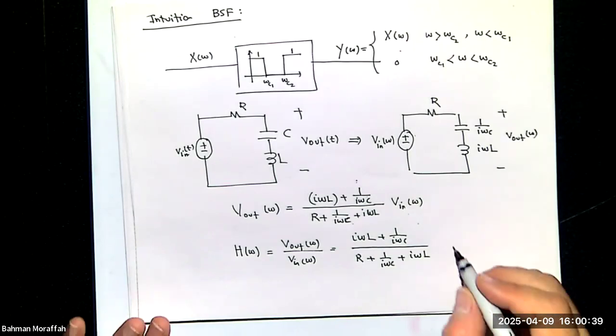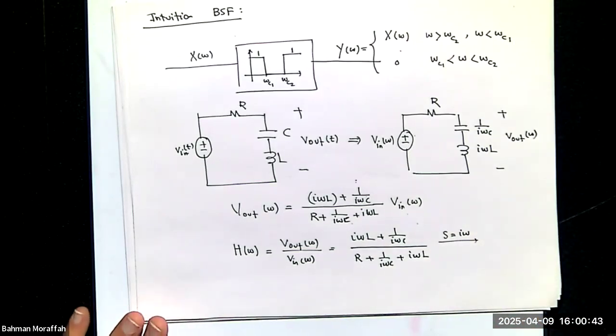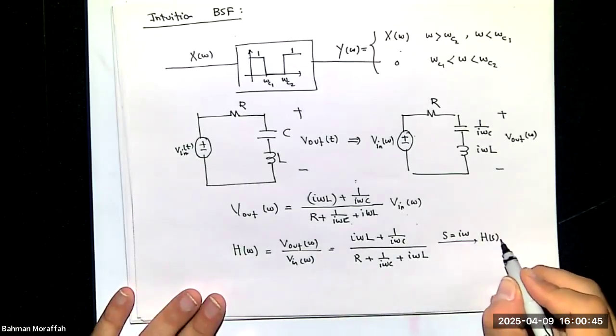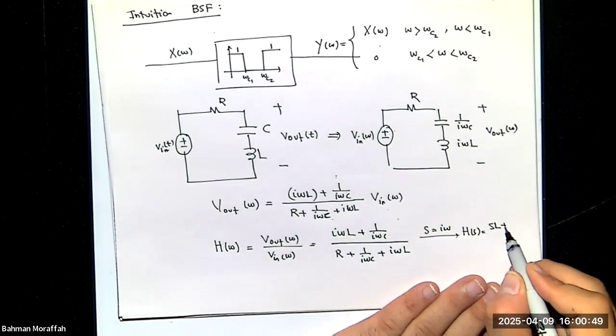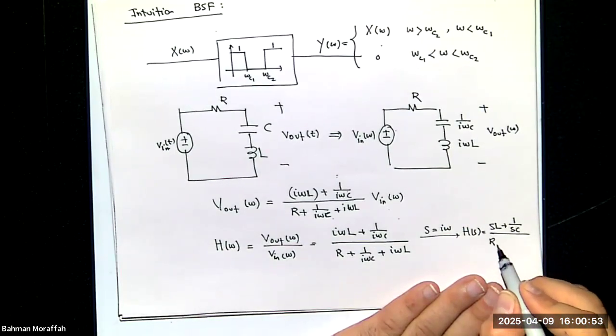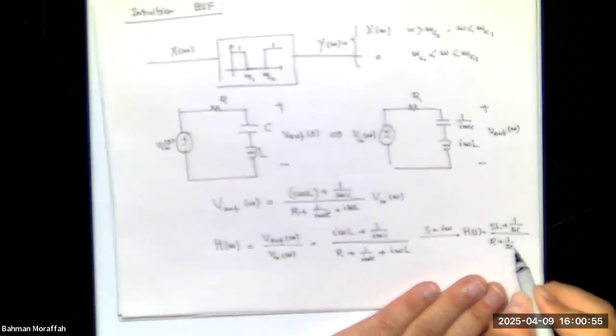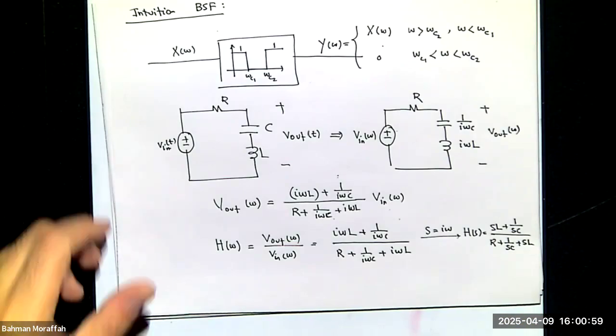Right? Again, let's just use the convention that S equals I omega. I can write H of S as SL plus 1 over SC divided by R plus 1 over SC plus SL. You can simplify it, right?